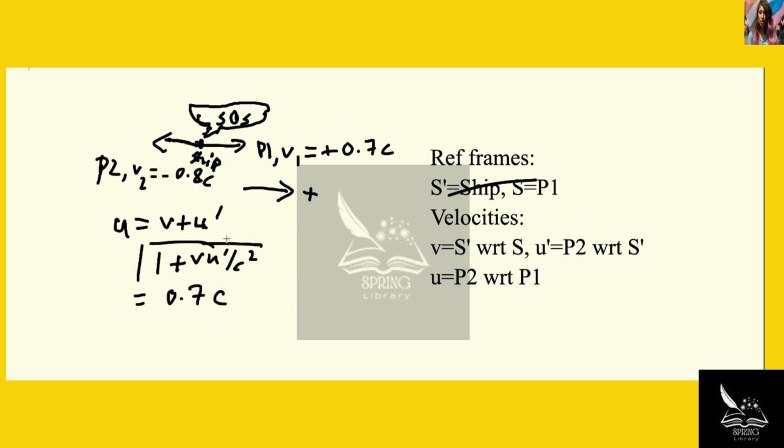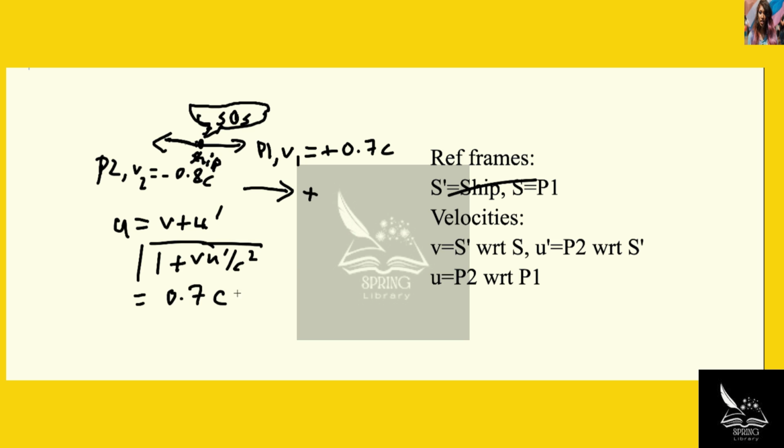U prime is the velocity of P2 with respect to the ship. This ship sees it moving away at negative 0.8 c.